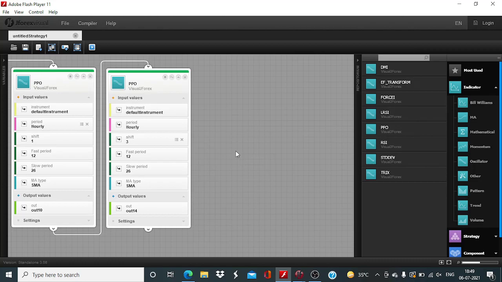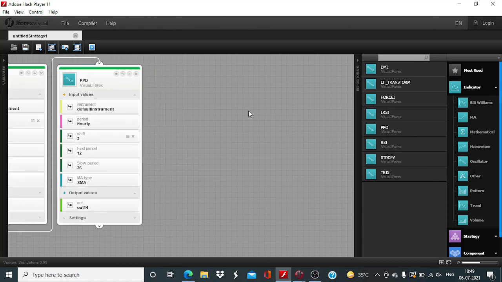Okay. So we will be relying on these two PPO blocks of the hourly time period, hourly candle period. And after that, we will shift our attention to the price action.